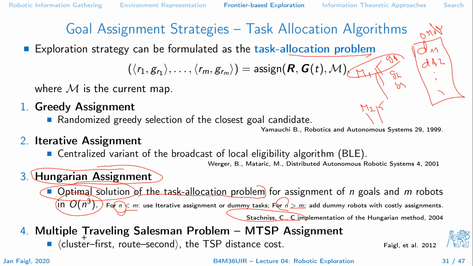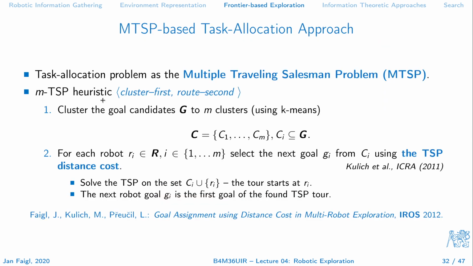And of course, you already know there is the TSP distance cost, so we can employ it in a multiple traveling salesman problem scenario, which is MTSP assignment, and you can consider cluster first, route second, for example. So how it's working: we have the goal candidates, so we cluster the goal candidates into M clusters.